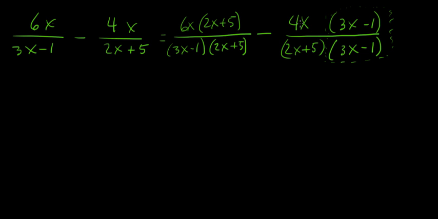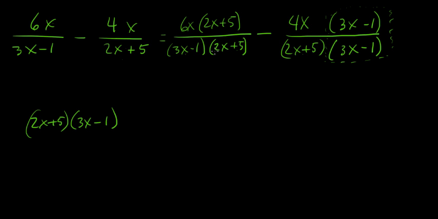Okay? So what I'm doing is I'm taking this and multiplying it by a number that's equal to 1. So I'm not changing the value of this fraction, I'm only changing the form. And as you can see, now I have my common denominator, which is 2x plus 5 times 3x minus 1.